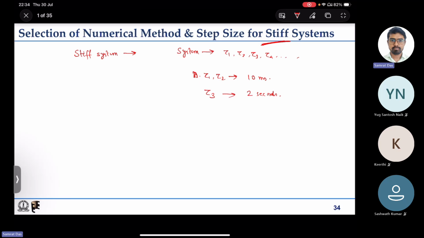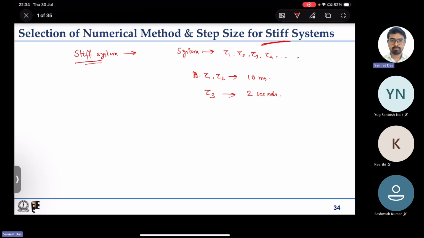So you can see that in this system you have two sets of time constants. One set is quite low and another set is quite high. Such systems are termed stiff systems.